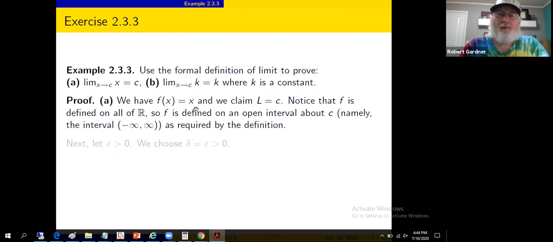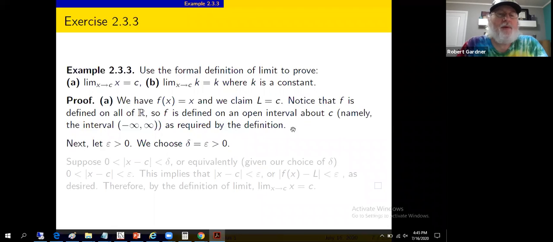It's defined everywhere. So here's an open interval, it contains c. The whole real line, negative infinity to infinity, written in interval notation, also explained in Appendix 1. So we're good on step 0. The function is defined on an open interval about c, except possibly c itself. It's defined everywhere.